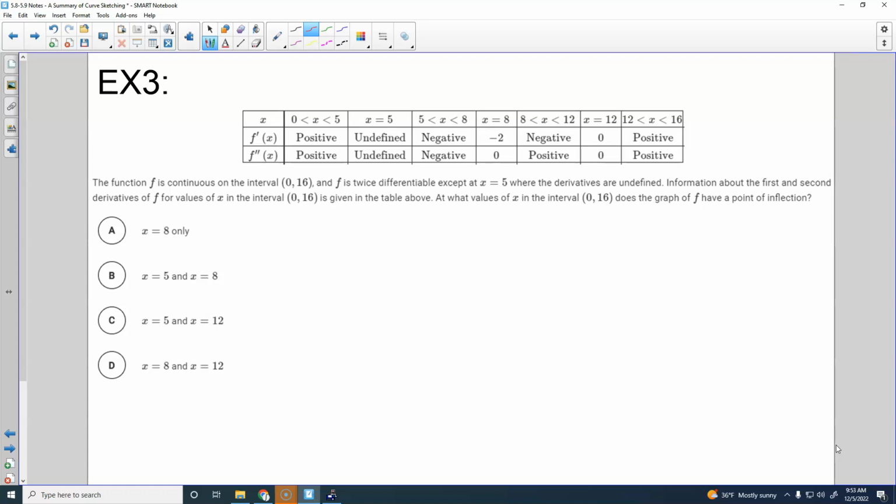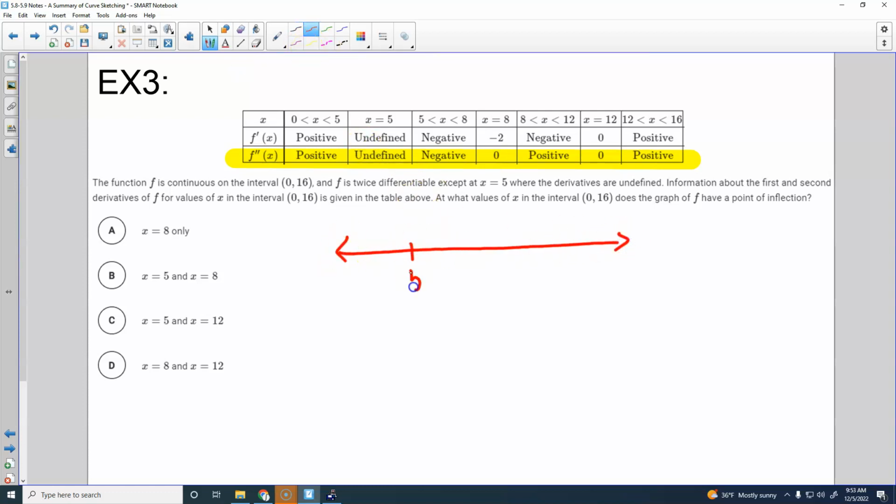Okay, so point of inflection, what are we concerned with? What are we looking at for point of inflection? Our second derivative, so we're really not using that first derivative line there. It's kind of there as a distractor. And we are looking for where our second derivative changes signs. It does not matter if your second derivative is positive or negative.